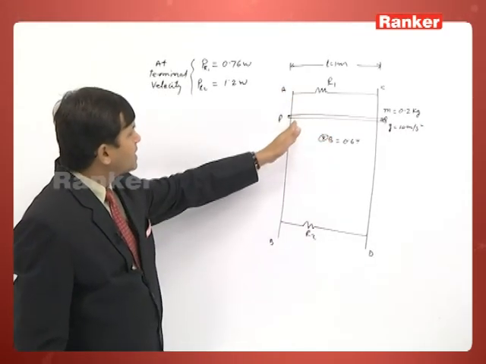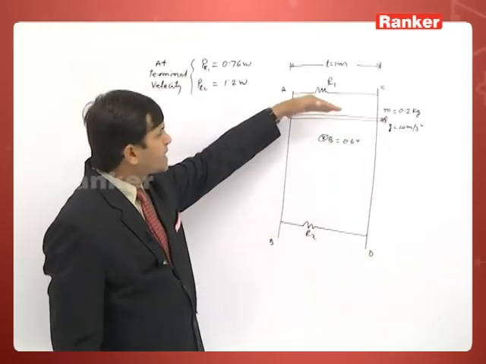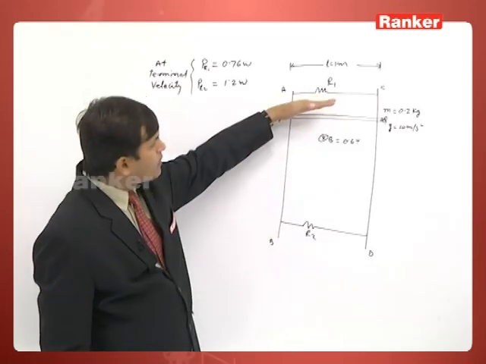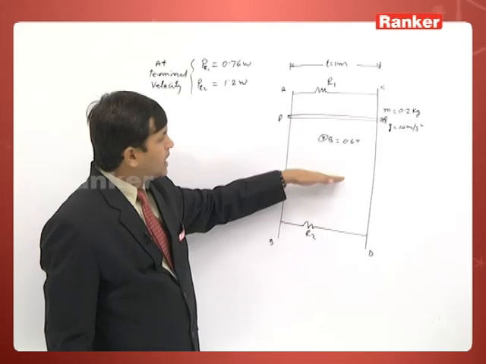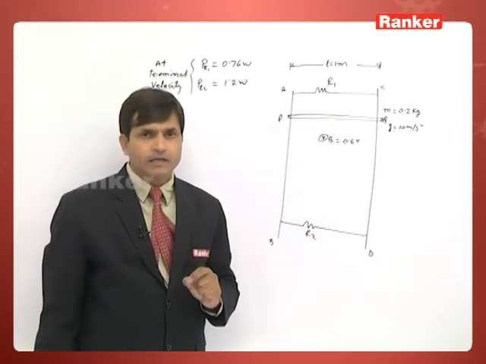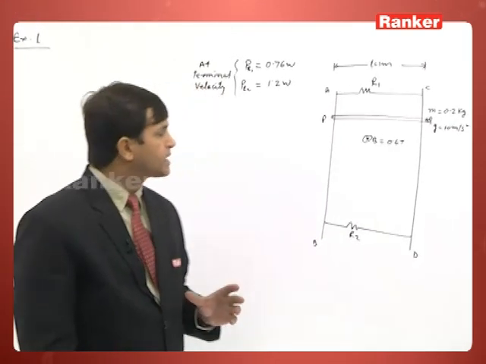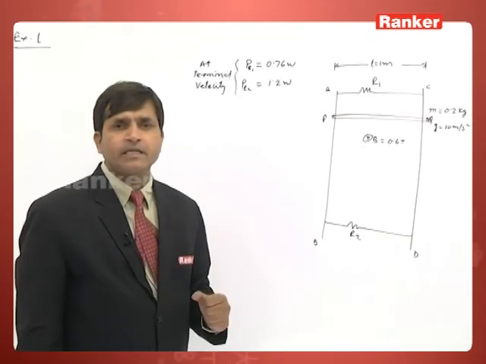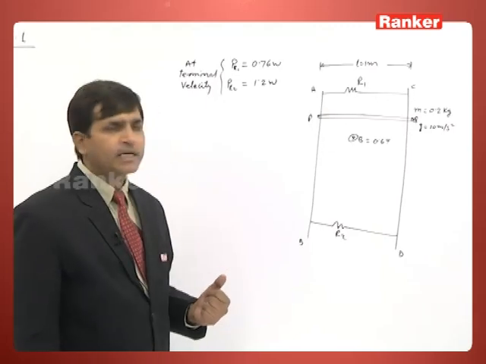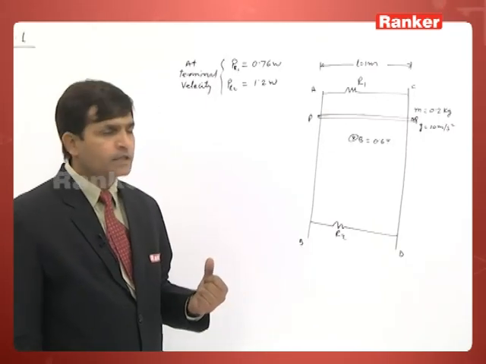The question is that a PQ conductor of mass 0.2 kg is released from rest under gravity, and now it is falling. When the PQ conductor attains a terminal velocity, we can say the final velocity, when the velocity is not changing further, it means the net velocity is constant, or the net force on it is 0.